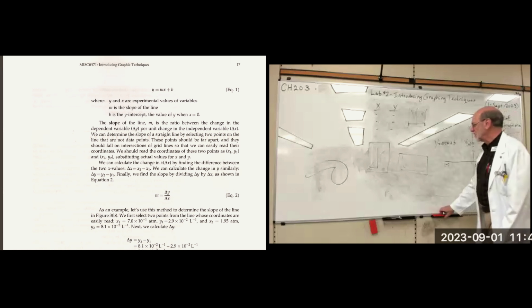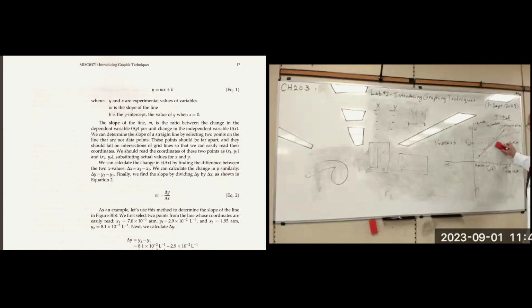So let me clean this out a little bit. There's the line that we drew to fit our data, right there. And if we take rise, change in y divided by a change in x, that's rise over run.